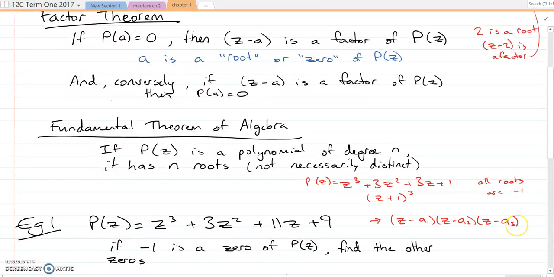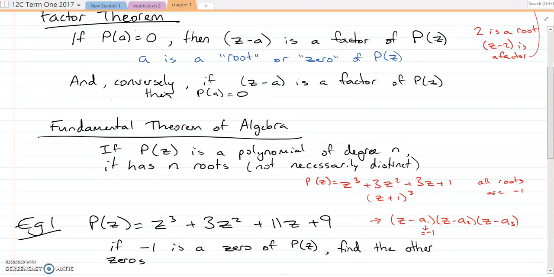This a1, a2, and a3, which may or may not all be the same. Okay, and I'm actually told, if minus 1 is a 0 of p(z), find the other zeros. Okay, so this has told us that one of these is a minus 1. Okay, so this equals minus 1, the first one.